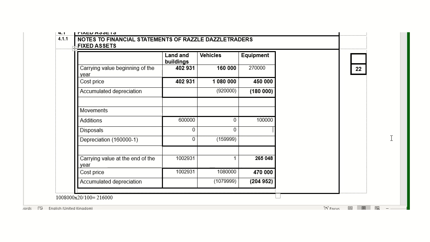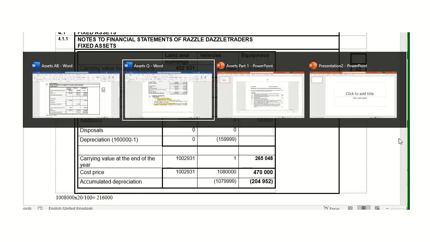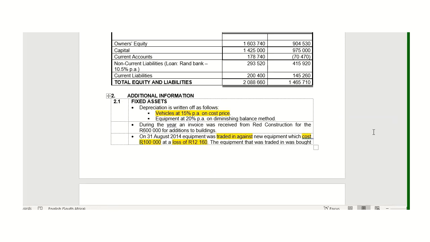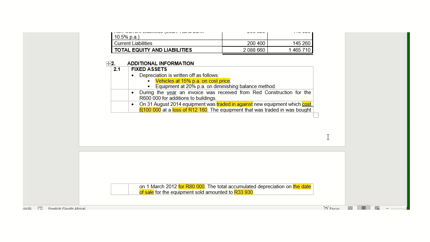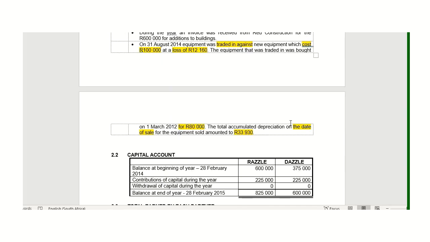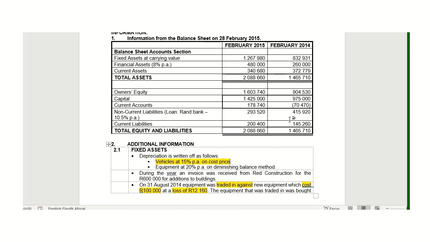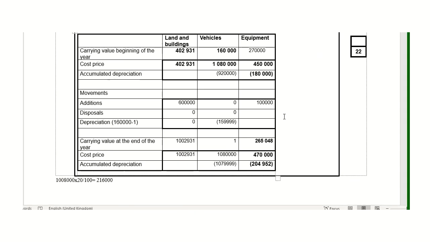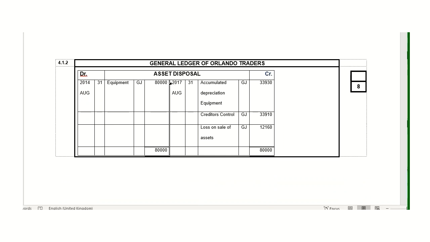The disposals, I need the carrying value of the disposals. Now to get the carrying value of the disposals, I must take the cost minus the accumulated depreciation for whatever I sold. And that I've got in my asset disposal. I've got my cost, and there I've got my accumulated up to the date of sales.